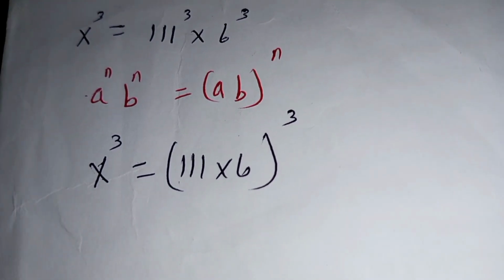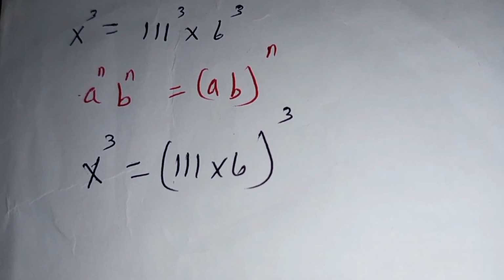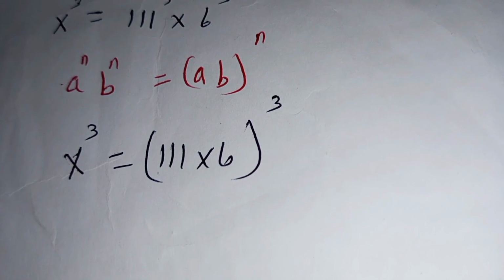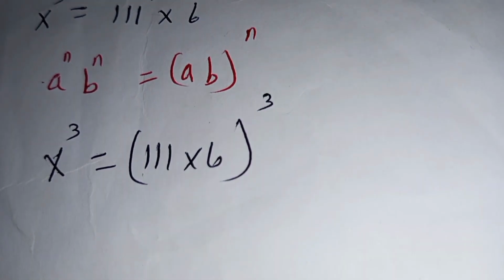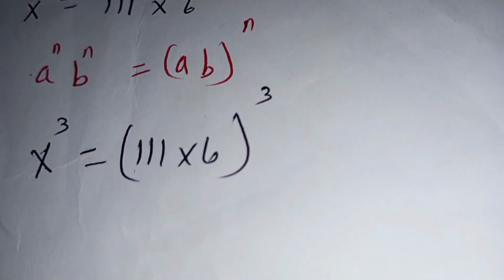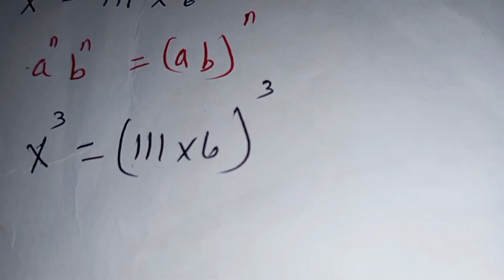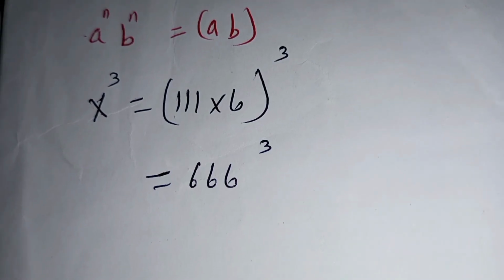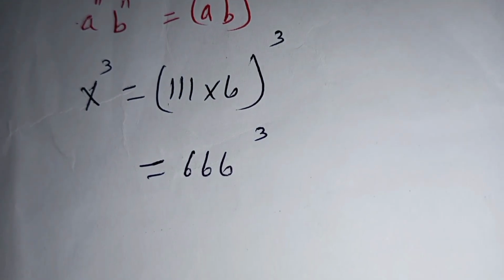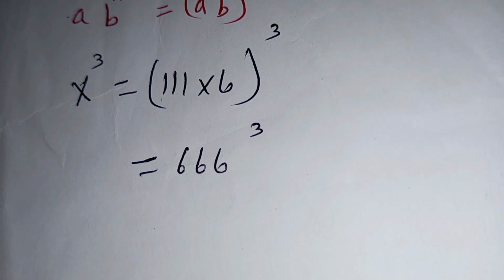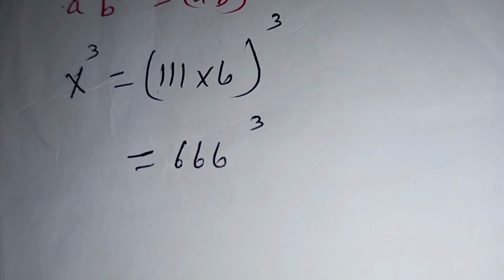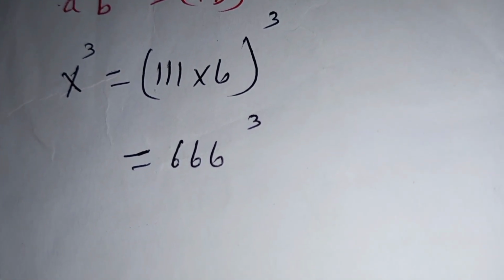So x cubed is equal to bracket 111 multiplied by 6, everything to the power 3. So 111 multiplied by 6 is the same as 666. So x cubed is equal to 666 to the power 3.